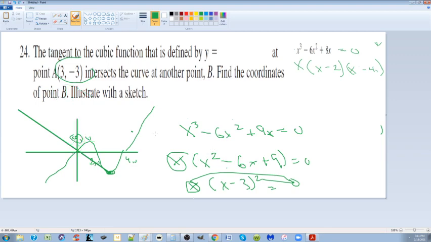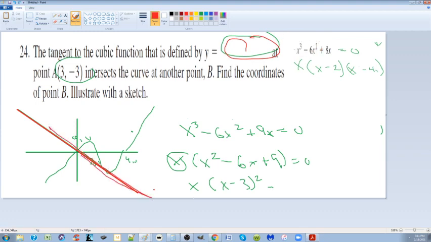Seems very confusing, doesn't it? So the first step is finding the formula for the line of this tangent, using this point and what the slope of the tangent will be. Once you find this line, which I have here in red, you can then make it equal to your original formula, which is here, because anytime something crosses another curve, their formulas will be equal only at the points they cross.